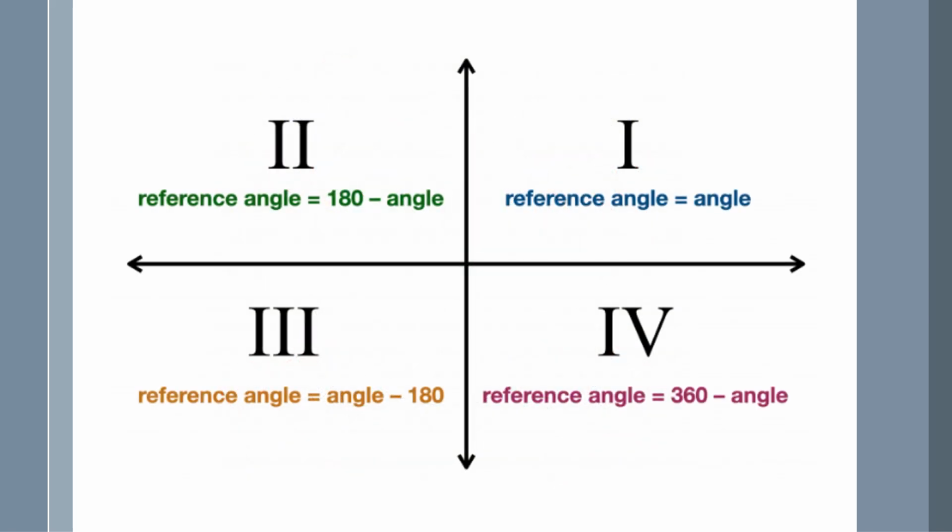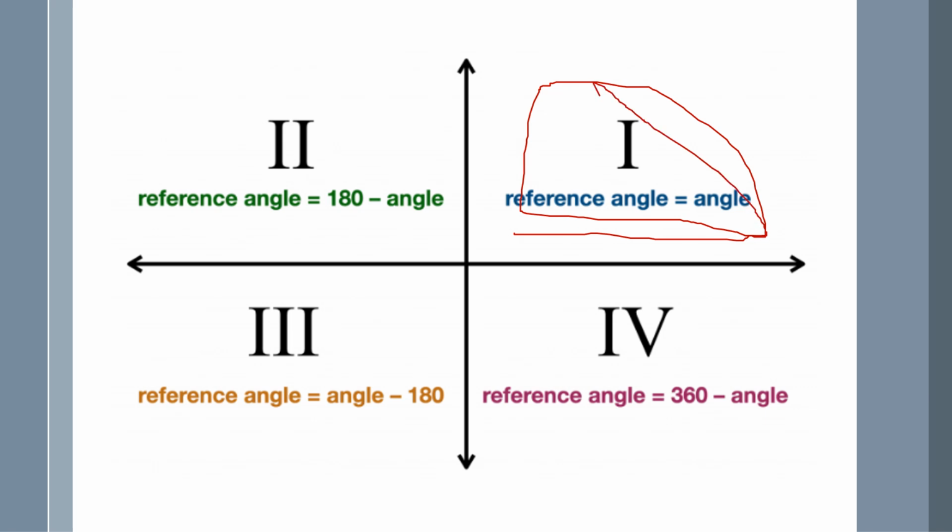All right. So, as I told you, in quadrant 1, your reference angle is pretty much the angles that are here. Quadrant 2 is 180 minus your angle to get the reference angle.